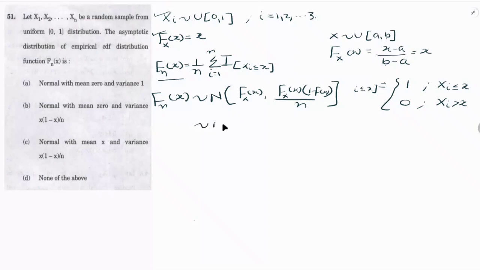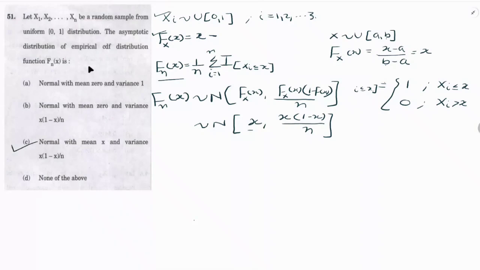What is the value of Fx(x)? This we have obtained here. So this will be x. Then 1 minus x divided by n. So the distribution of empirical CDF is normal with mean x and variance x into 1 minus x upon n. So option C is correct.